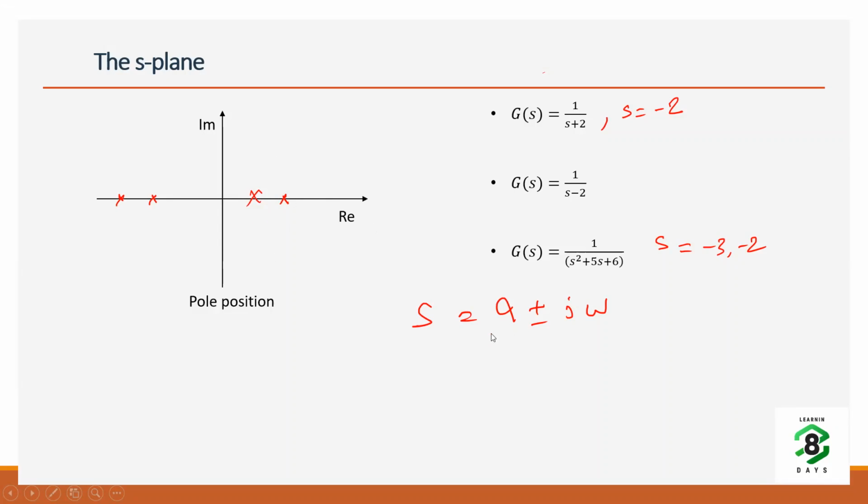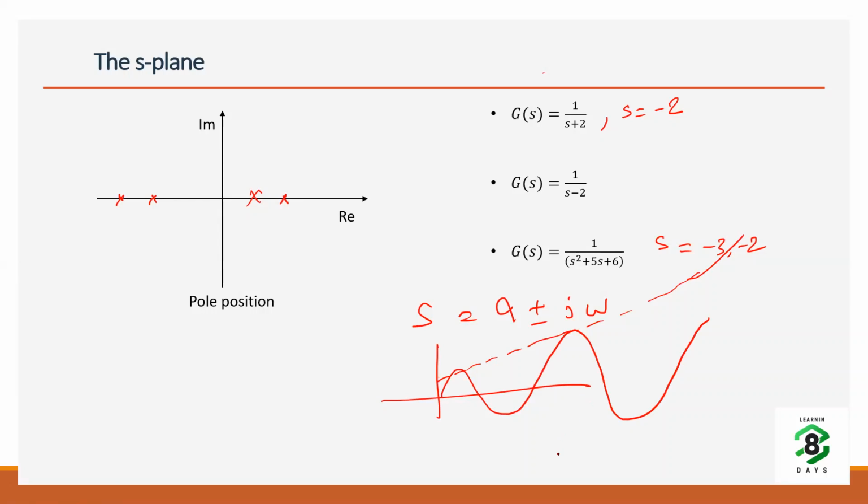What will happen is that the impulse response itself will look like this. The amplitude of oscillations will start developing. I think the drawing is not to scale, but you can see that it will be exponentially growing.